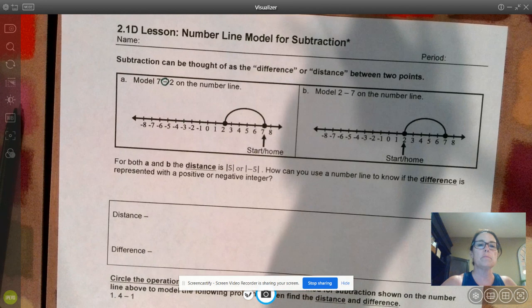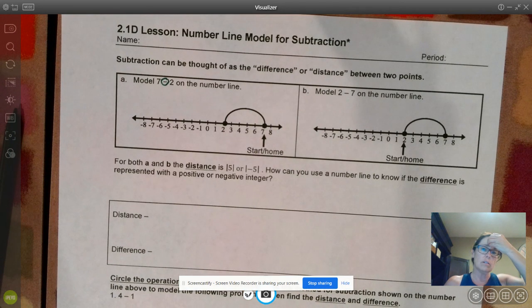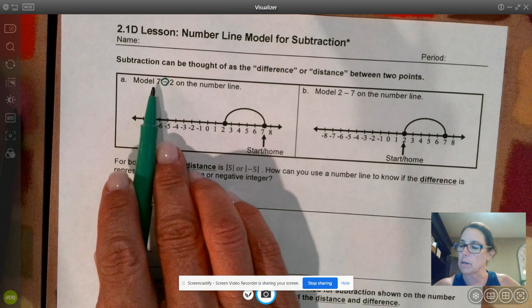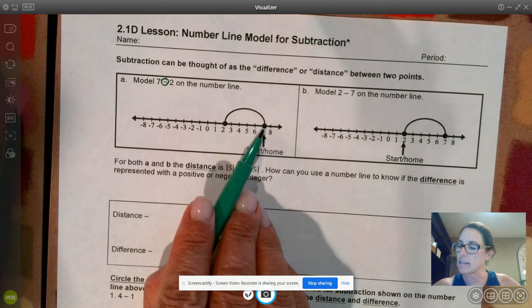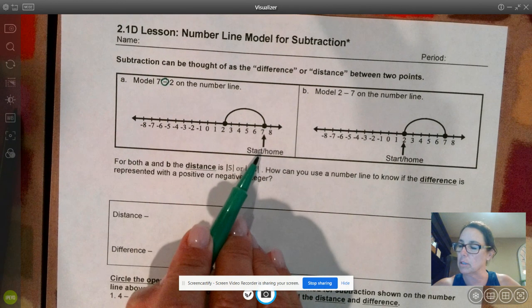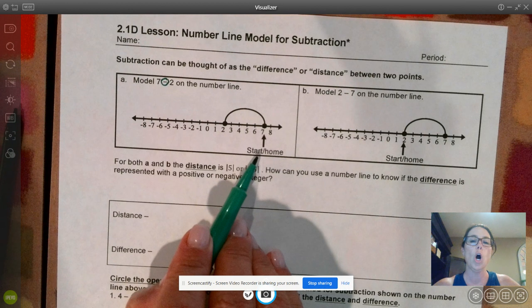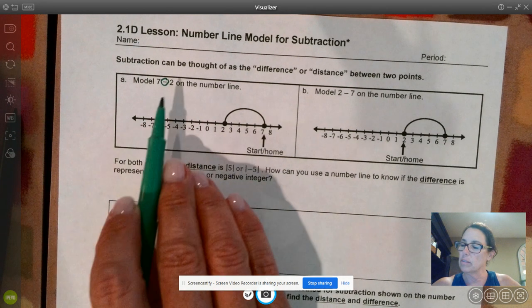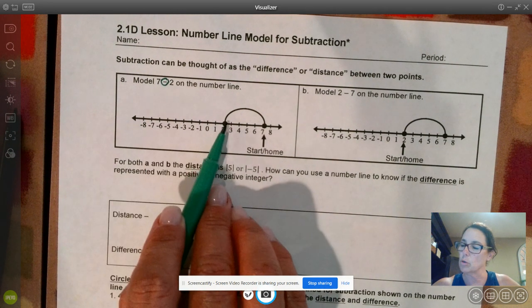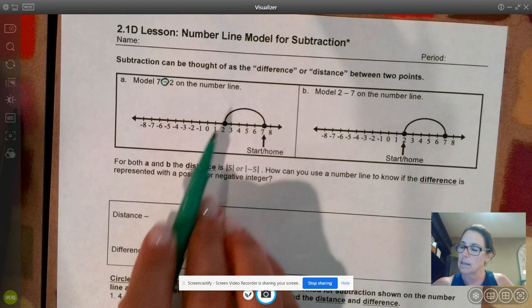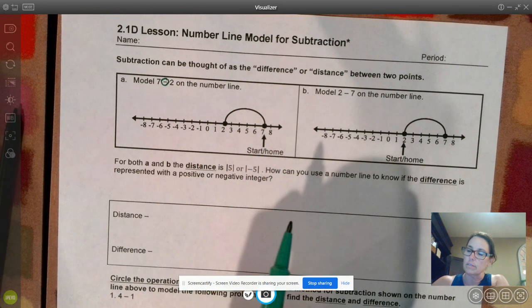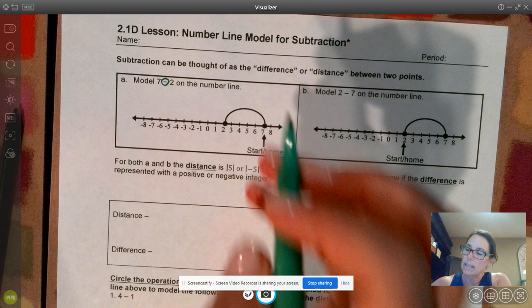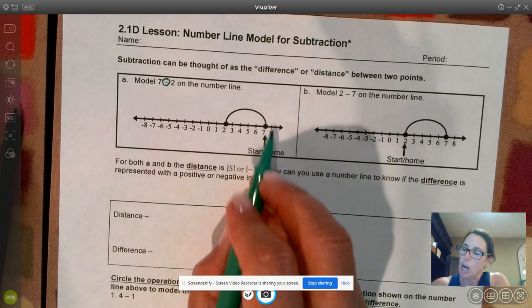Please notice the subtraction operation, okay? And the way that we handle all problems that have subtraction on a number line is we put the first number as a dot on the number line and we label it start or home. And then we put the other number, positive 2, on the number line. And then we ask ourselves, what needs to happen to get back home?